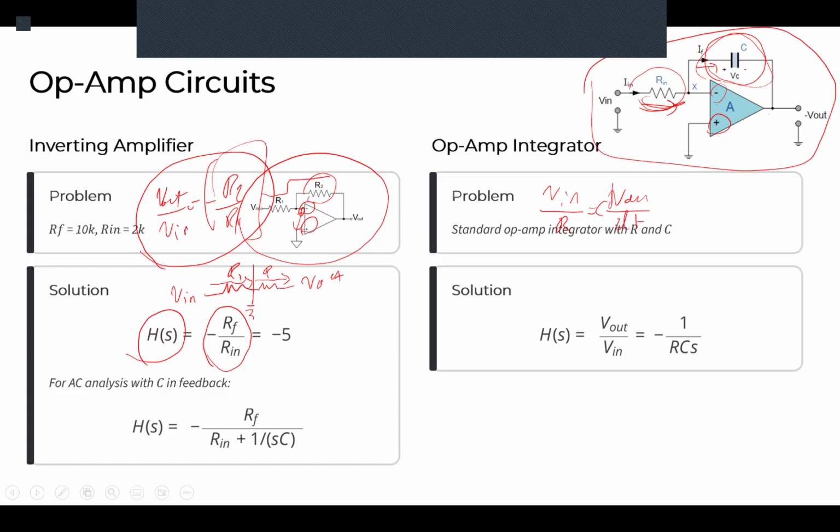You run a Laplace, it becomes V in over R equal to C s V out. We multiply by R, so it's RCs, okay? And then this is actually minus because we have a minus here. And then if you take V out over V in, you would have minus 1 over RCs.